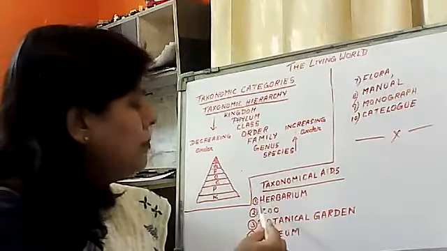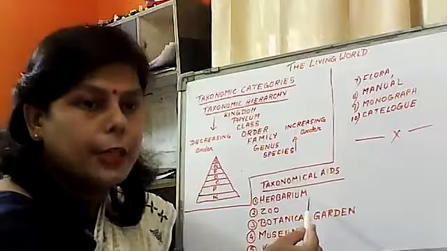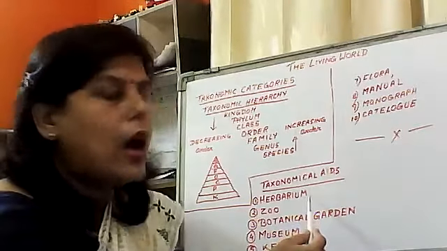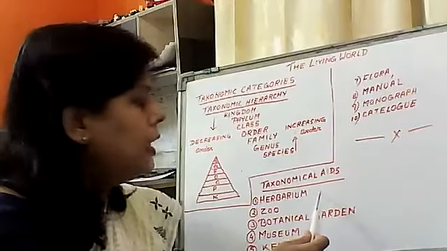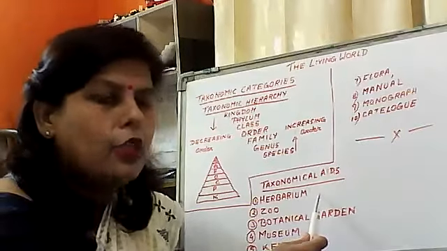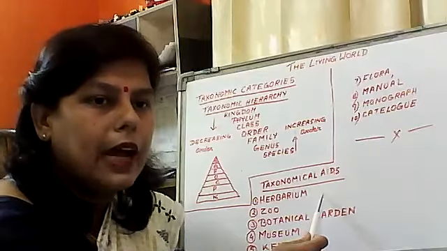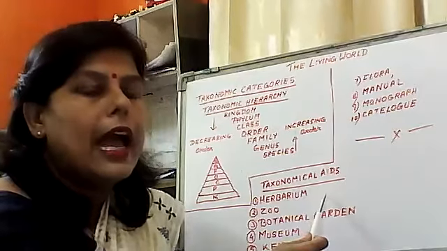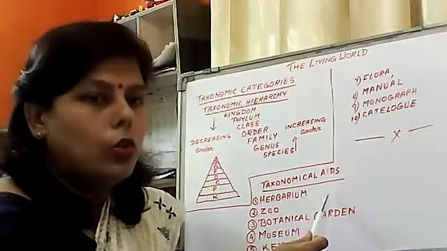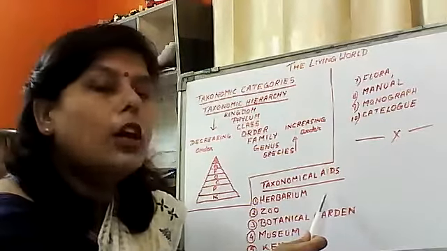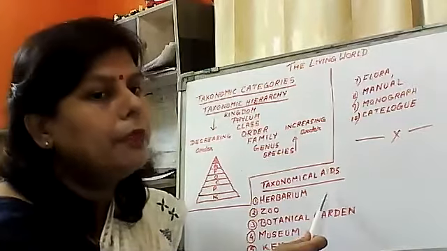Now, out of them, the first one, herbarium sheet. Now, this is used to identify particular plants. Say, for example, you have gone somewhere else, you have come across a particular plant and you want to know. And maybe at that moment, it is impossible for you to know. Or maybe at that time, you are not having the mobile, you can't take the picture.